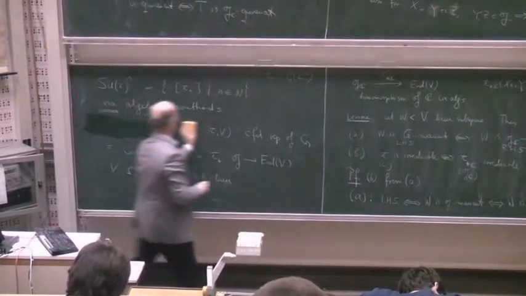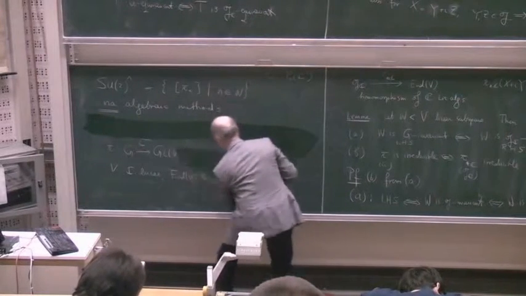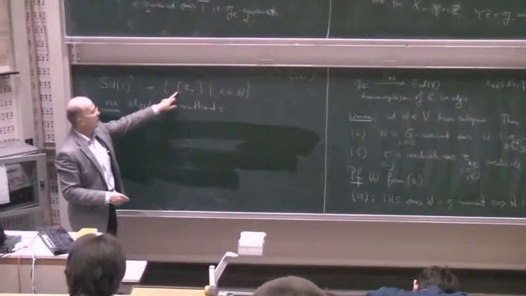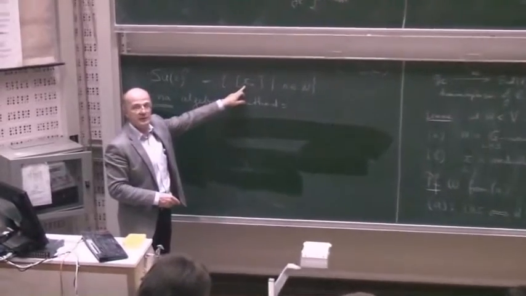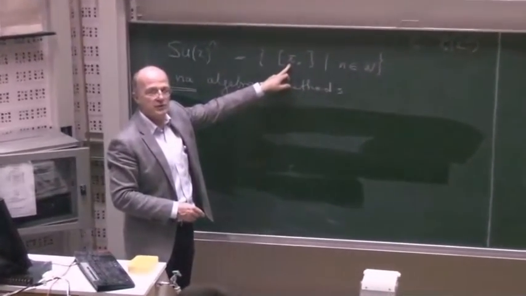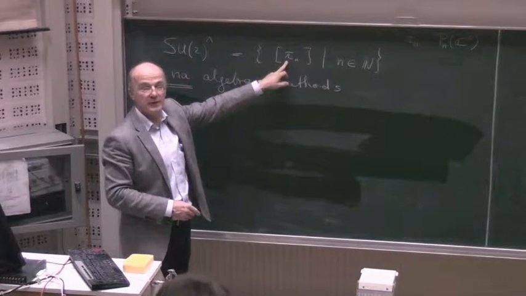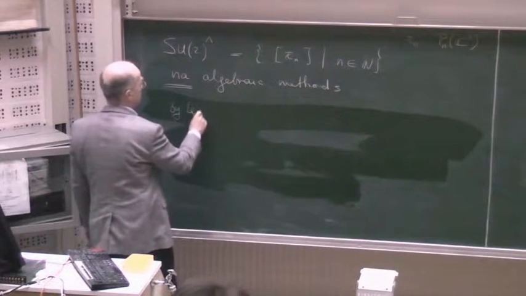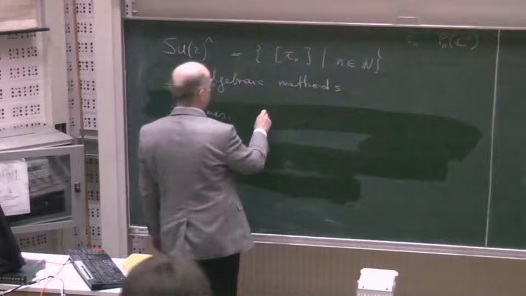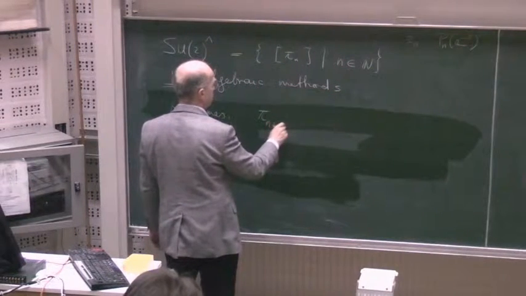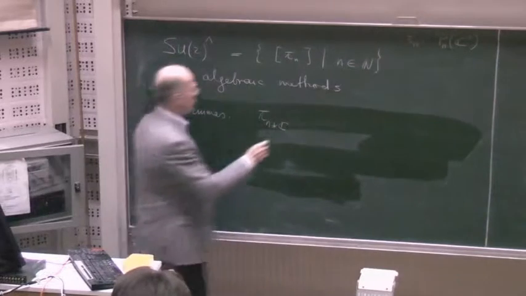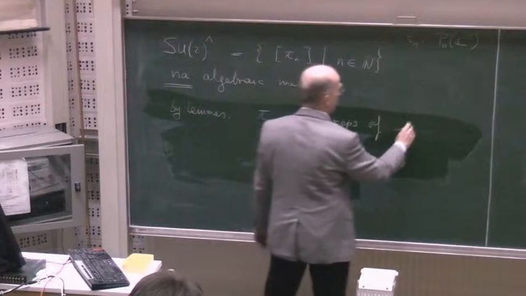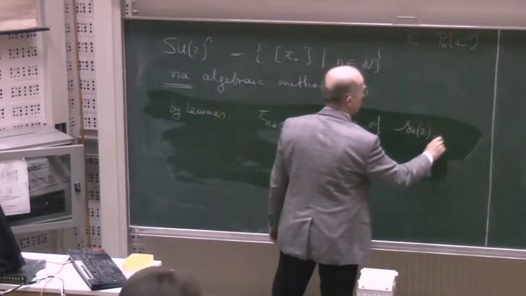So the idea now is that we know already that these representations are irreducible, and in order to show that they exhaust the irreducible representations, by the lemmas, pi n star C, if you like, are irreducible representations of the complexification of the Lie algebra su2.